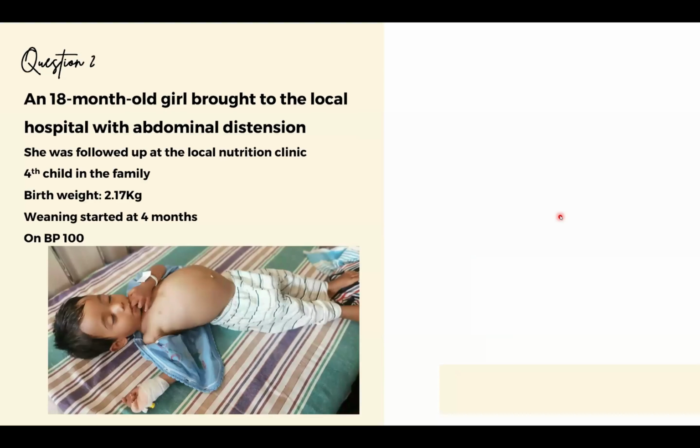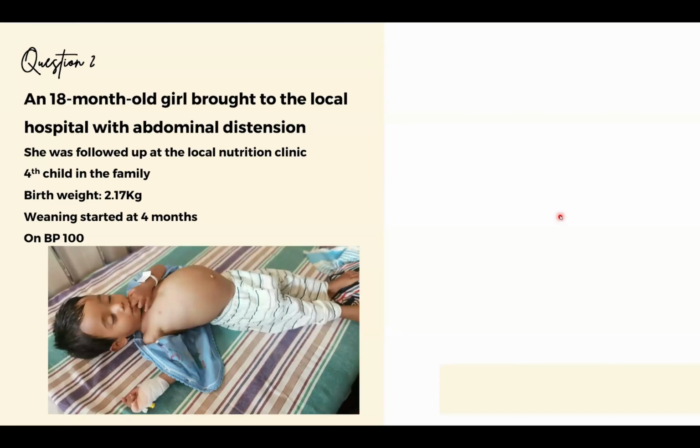Right. Take a moment and see, at a glance, what you can identify. The abdomen is huge. It's obviously distended. The parents came from a very poor socioeconomic background. The patient was offered to go to the pediatric clinic as well, but unfortunately they did not have the financial support to travel to the hospital, although the care was free of charge.